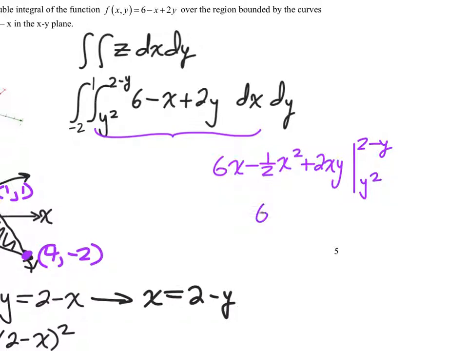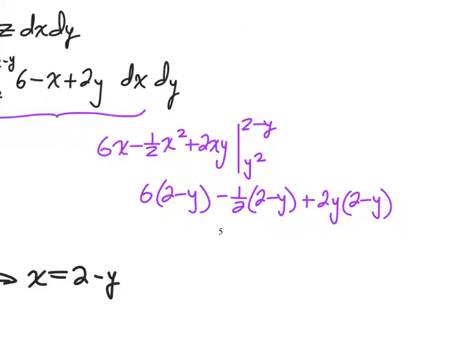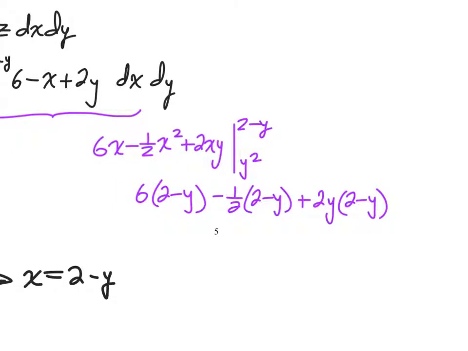So 6 times 2 minus y, minus 1/2 times (2 minus y) squared, plus 2y times 2 minus y. The middle one's squared, yeah.